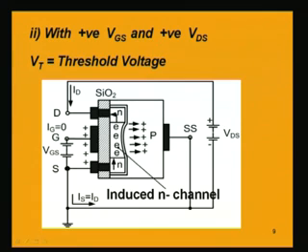So, they will be coming to the left and accumulating near the insulator, silicon dioxide, that is they will be crowding just near to the insulating material which is present.